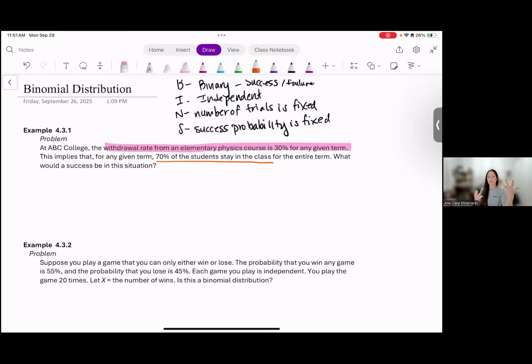So since we are given this information, let's say we ignored this information and we are just given what's in pink, then a success would be withdrawal from the course.